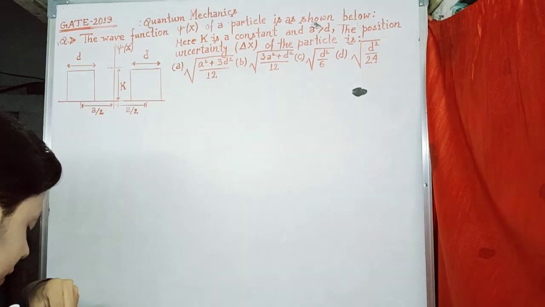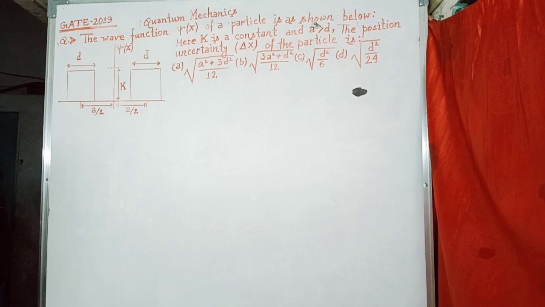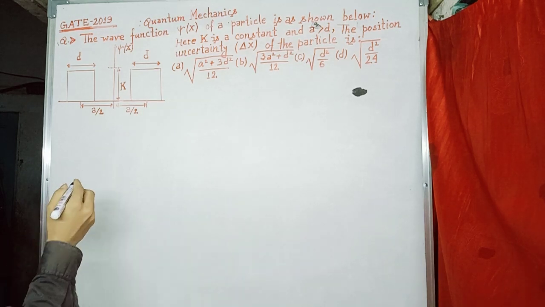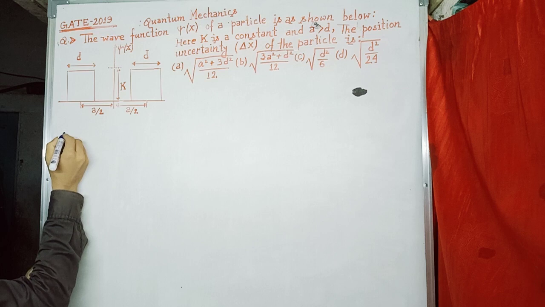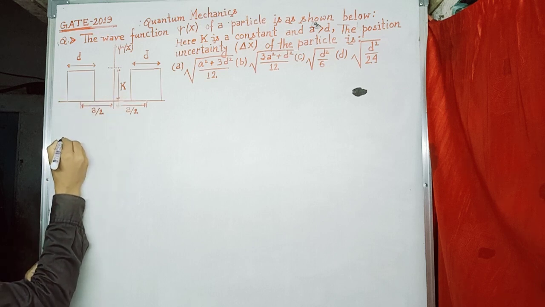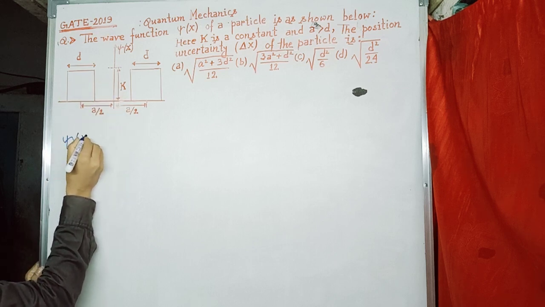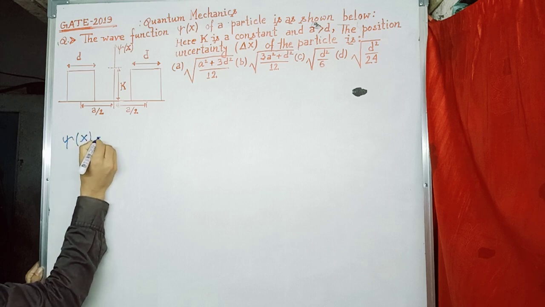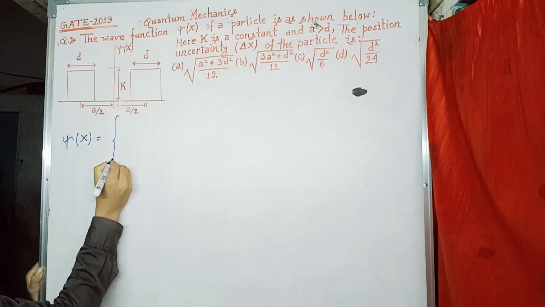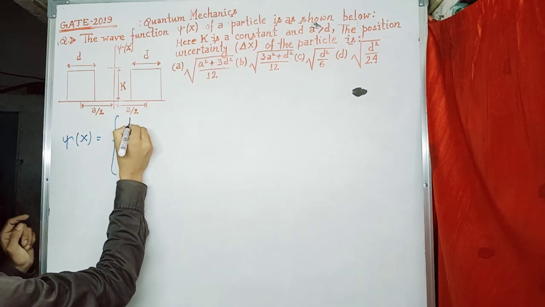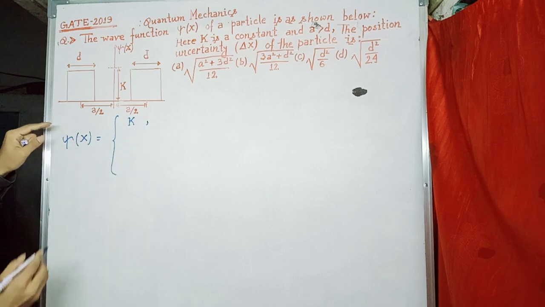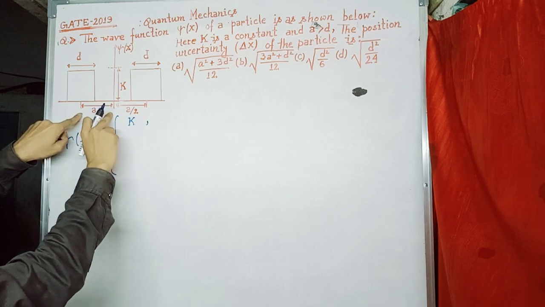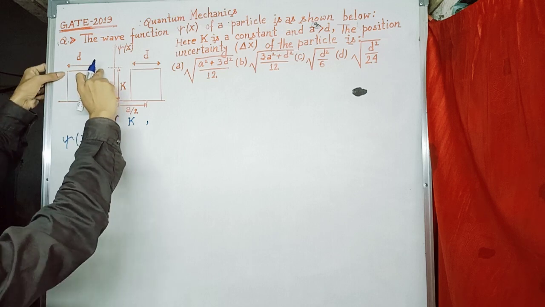So for solving this question, first of all we will plot the wave function psi of x for the given graph. As we are seeing, psi of x can be defined as psi of x equal to k when it ranges from, as we are seeing, this value is a divided by 2 and this value is d.